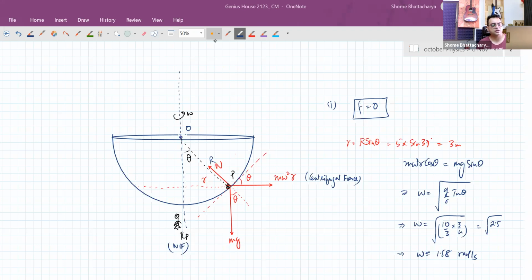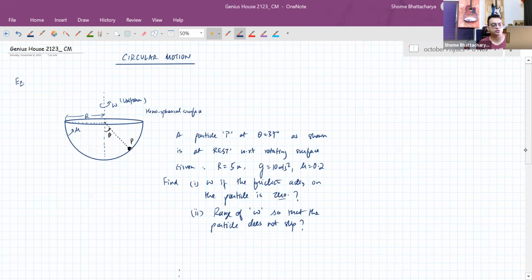Now in the second part, you have to find the range of omega. So that means now there's no constraint that there's zero friction acting. So omega could be between some minimum value and maximum value. So both these limiting situations is where maximum friction is acting.